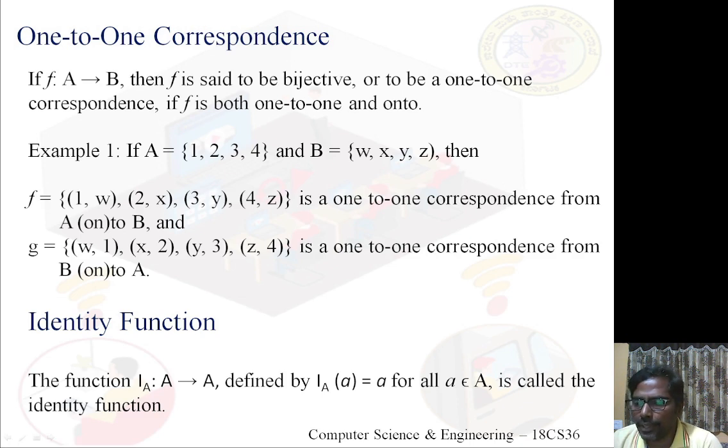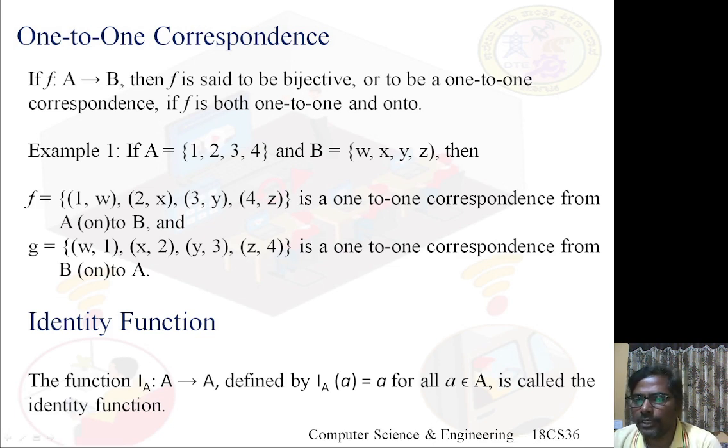I mean to say, a function f from A to B which is one-to-one, meaning the elements of codomain appear at most once as an image, and f should also be onto, meaning all elements of codomain should appear at least once as an image.